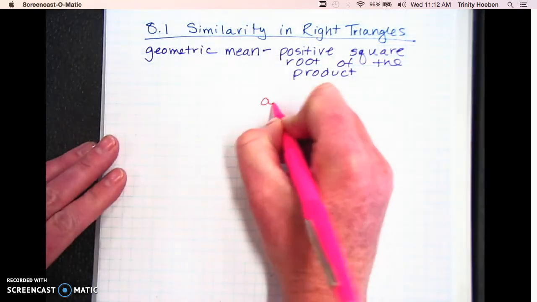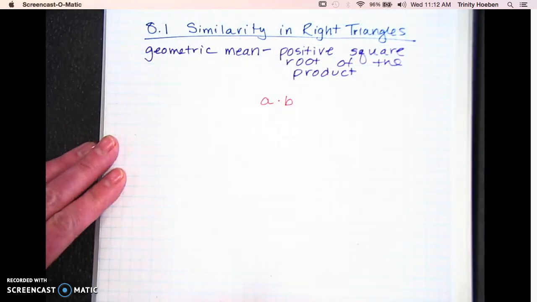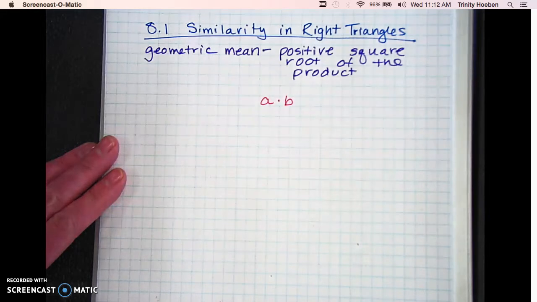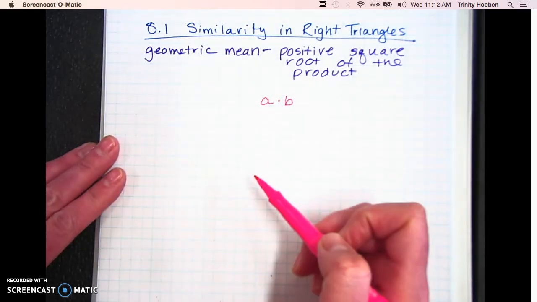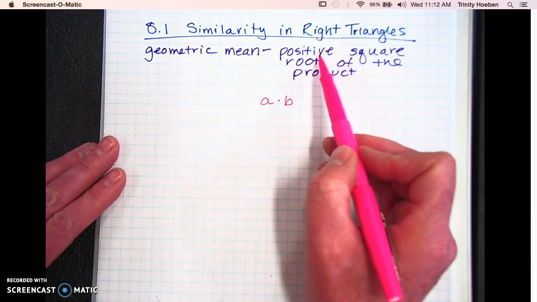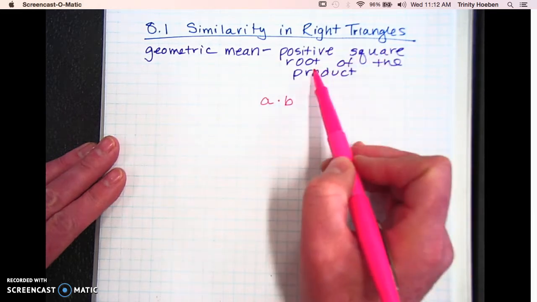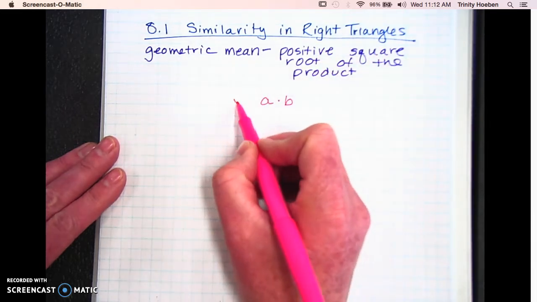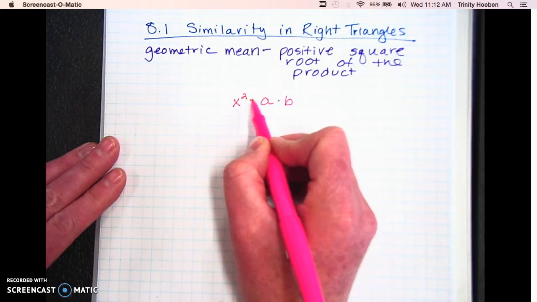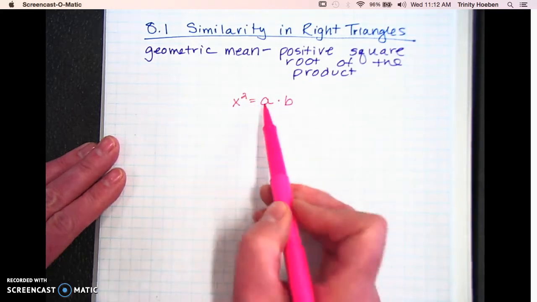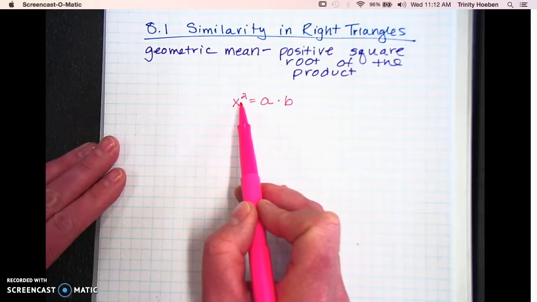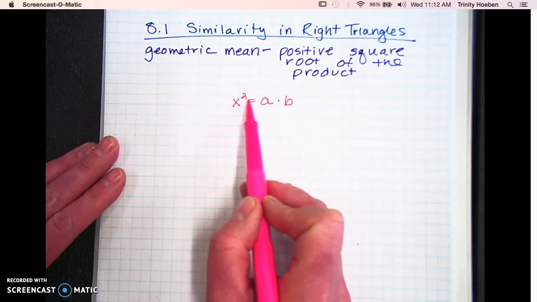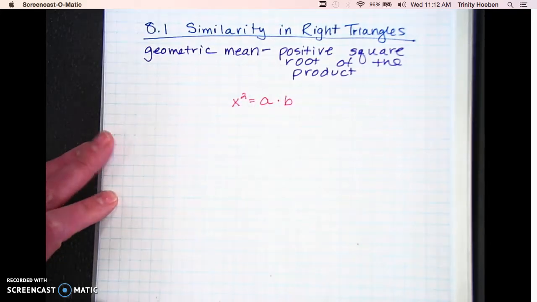So we're going to take 2 numbers, such as A and B, and we're going to multiply them. So I put a little dot to show that we're going to multiply 2 numbers together. And then we're going to take the square root. So in order to indicate square root, we're going to say x squared. So once we multiply the numbers, then we're going to take the inverse operation of squaring, which is square rooting.